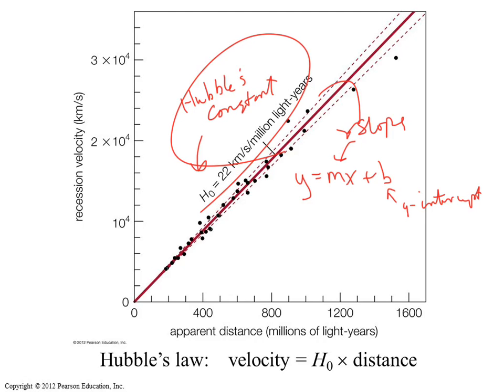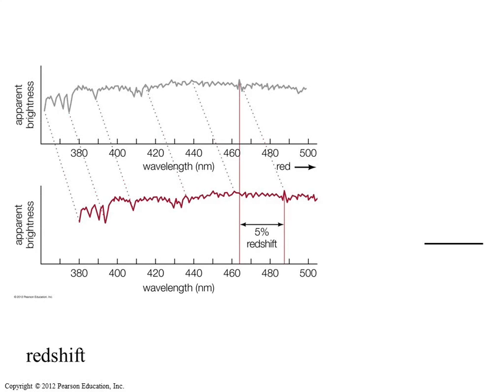So bottom line, though, aside from all that math stuff, if you know the distance, you have a value for H0. You can calculate the velocity. And if you know the velocity, using H0, you can calculate the distance, because H0 is a constant. Okay, so there's our 5% redshift again.